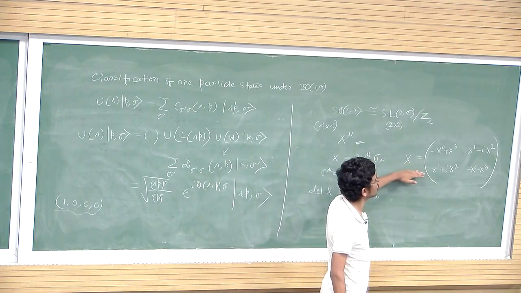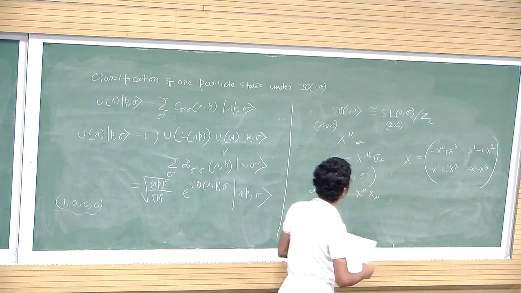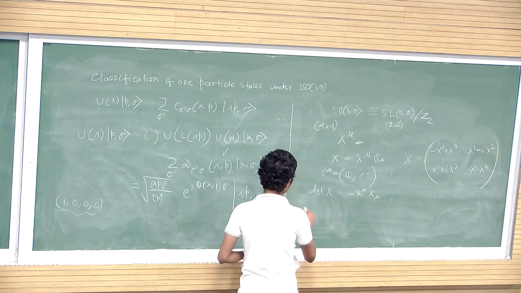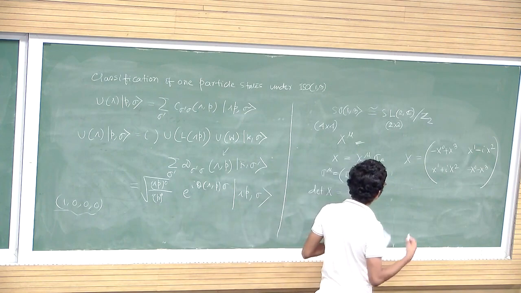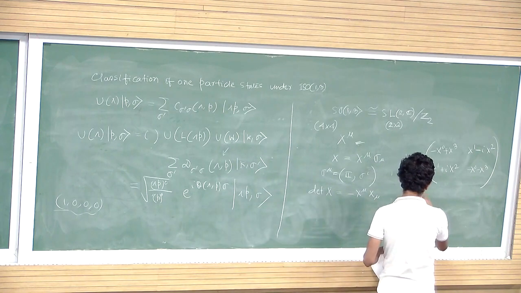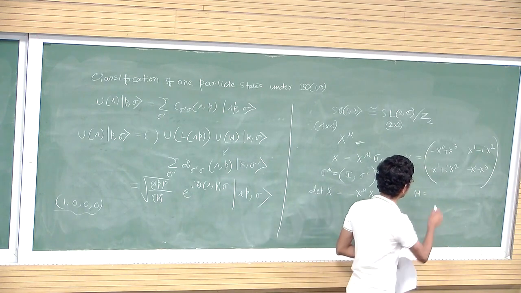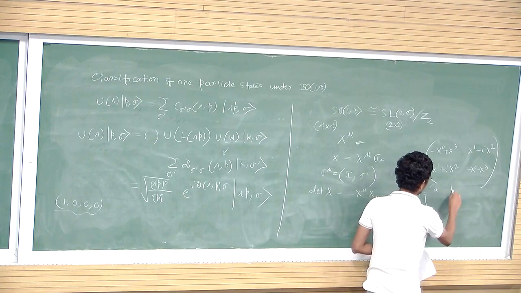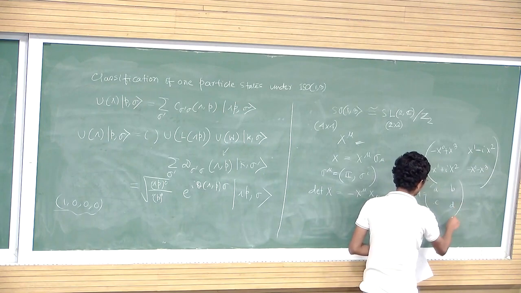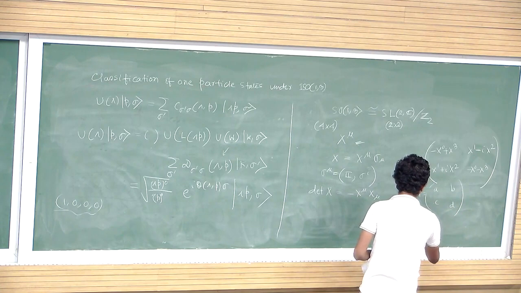Now suppose you make an SL(2,C) transformation of this 2 by 2 matrix. The SL(2,C) transformations are represented by 2 by 2 matrices A, B, C, D, where the determinant AD minus BC should be equal to 1.